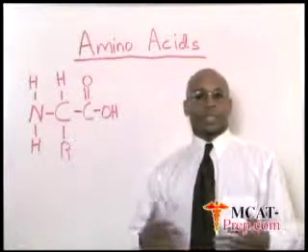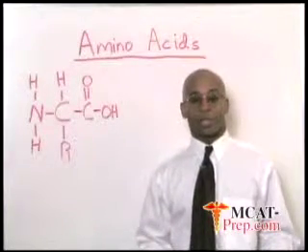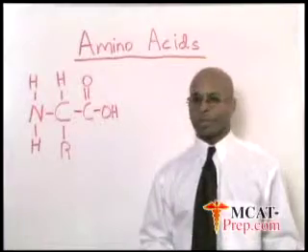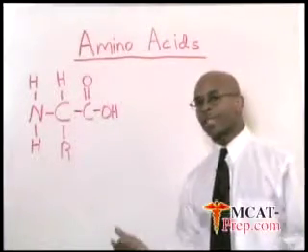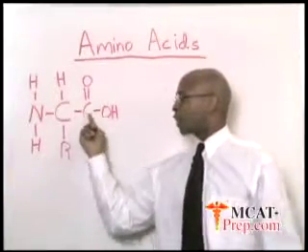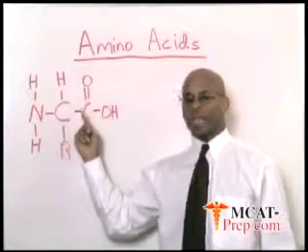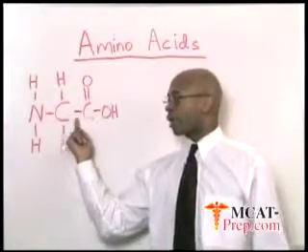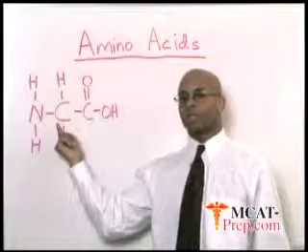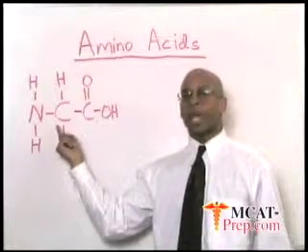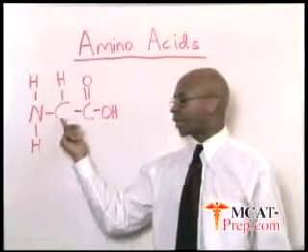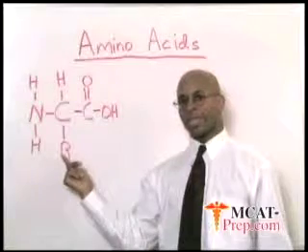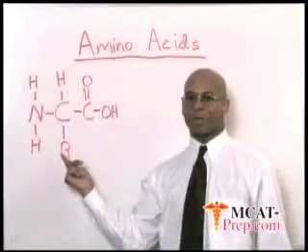In fact, the 20 naturally occurring amino acids are called alpha amino acids. The reason is when you see a carbonyl group in organic chemistry, the carbon next door to the carbonyl group is called the alpha carbon. The next carbon over is called the beta carbon.